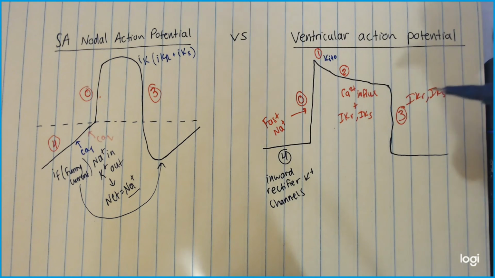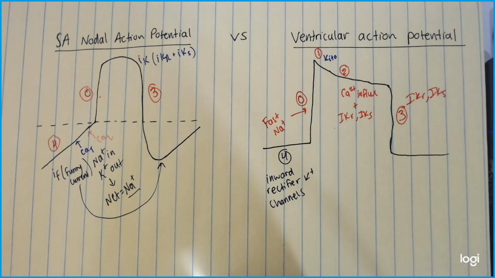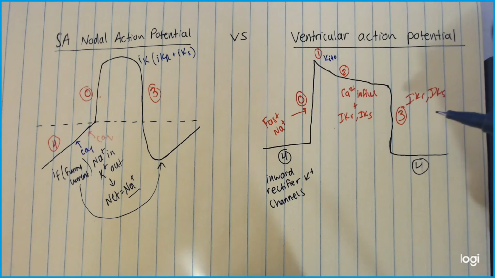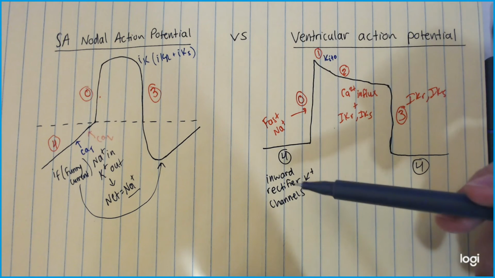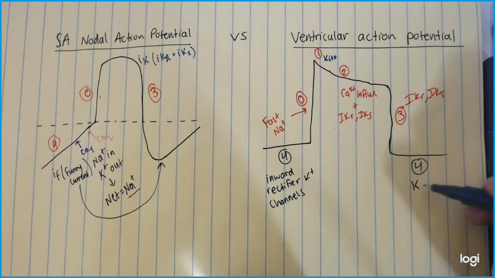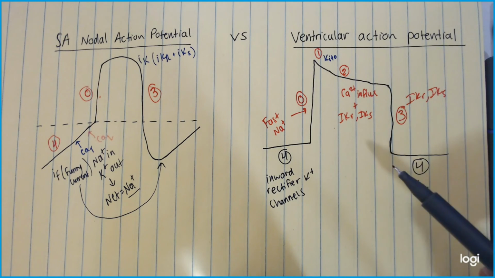And then once that has reached the baseline again, then you're back to 4. And so which channels are open here? It would be the inward rectifier potassium channels. So that's called KIR. And those just help maintain that baseline.